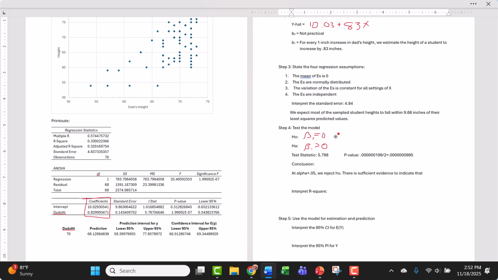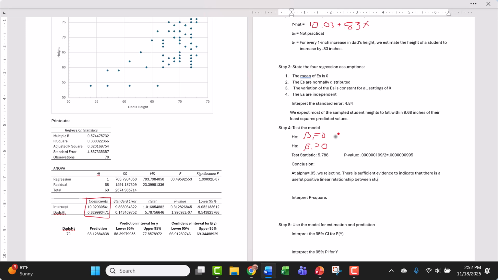When you reject, there's sufficient evidence to indicate the alternative is true. Now write that in the words of the problem. There's sufficient evidence to indicate that there is a useful positive linear relationship between student height and dad's height.